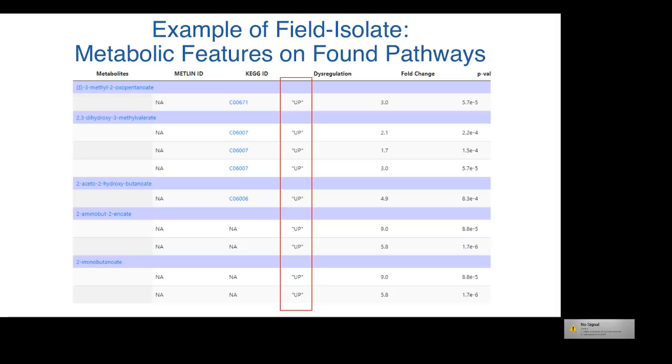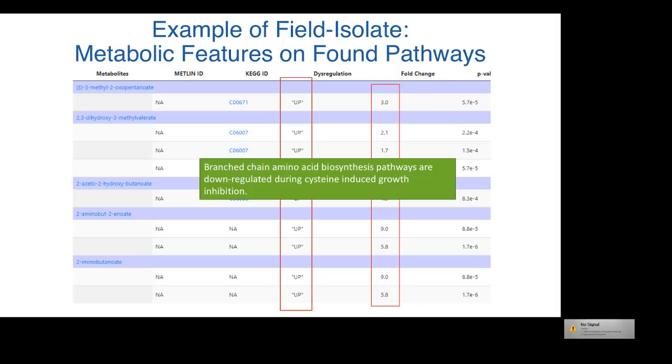So this pathway has been shut down in the contaminated condition, and looking at the fold change, in a quite significant manner. Those are pretty large p-values, particularly later in the pathway. So again, this is supporting my hypothesis that the branched-chain amino acid pathways are downregulated and are partially responsible for the observed growth inhibition under cysteine-treated conditions.